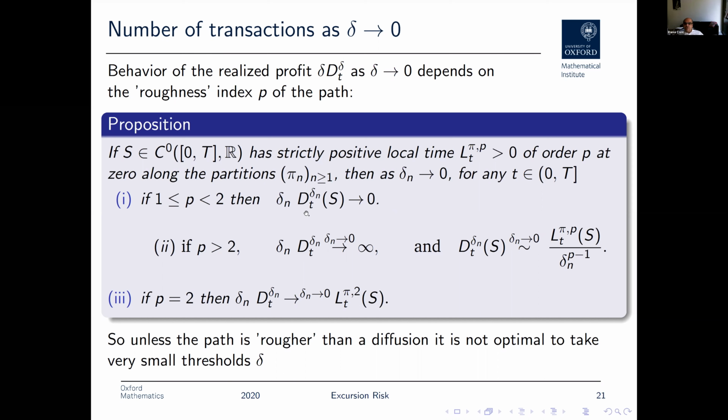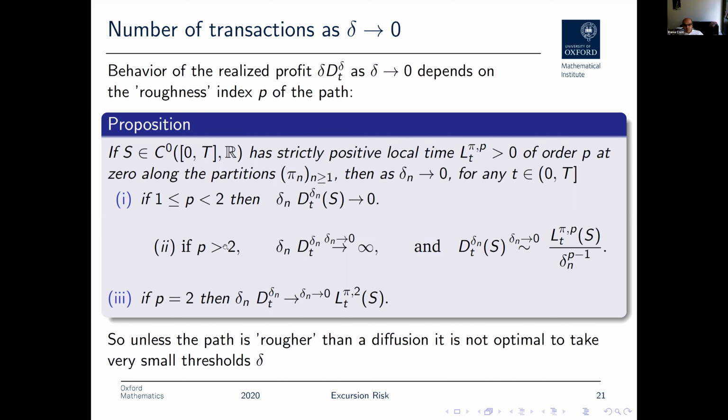So in this case, it is certainly not optimal to take very small thresholds because you drive the profit to 0. In this case, the optimal threshold will be a non-zero value, and high frequency trading on this strategy is not optimal.